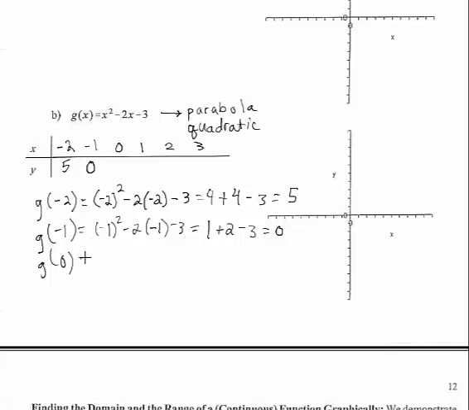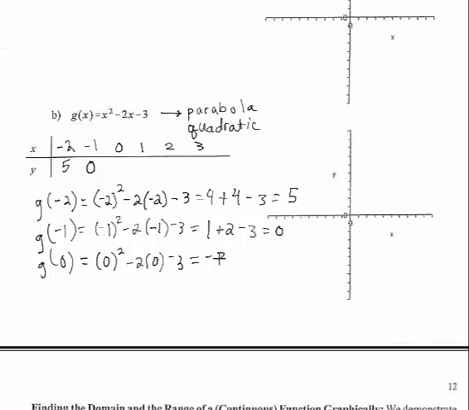Okay, this next one I actually take 0 and put it into my function. Zero squared is 0, negative 2 times 0 is 0, and so inputting 0 sort of knocks out this x squared and negative 2x term.